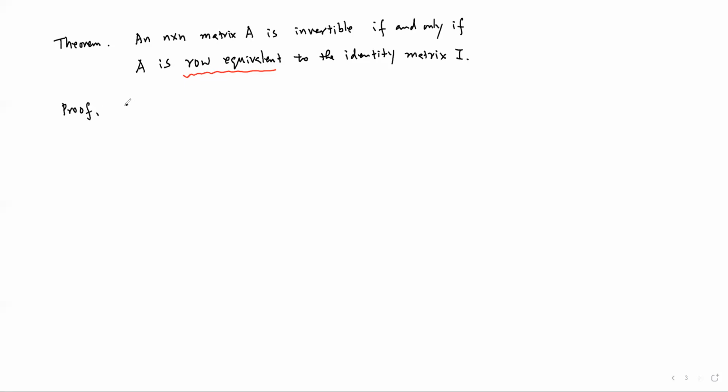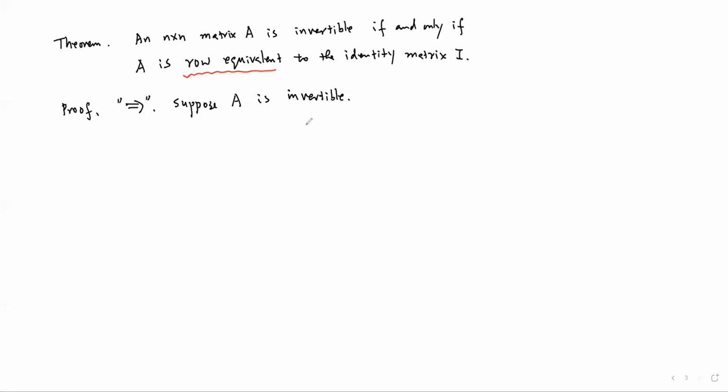There are two directions. Let me prove this direction first. Suppose A is invertible, then A can be reduced to the identity matrix.